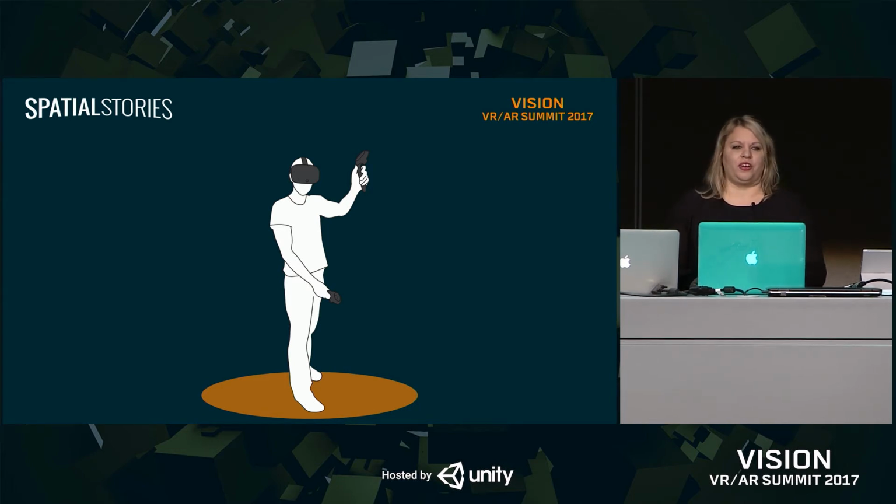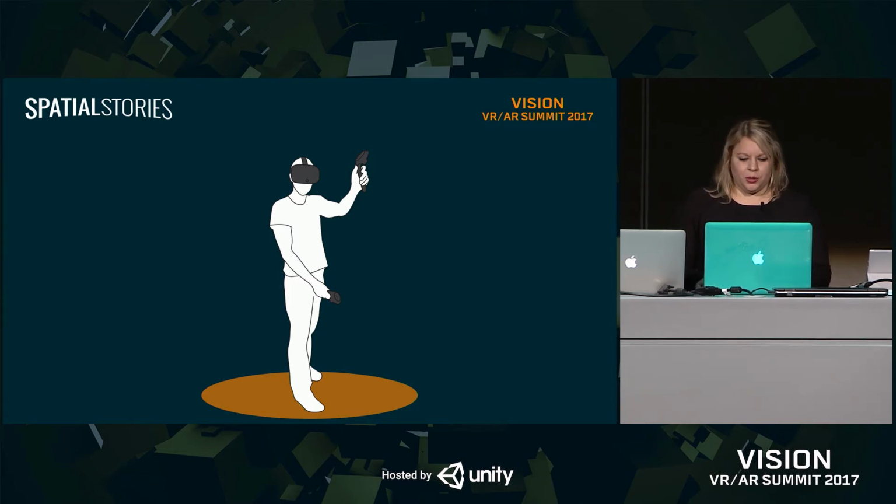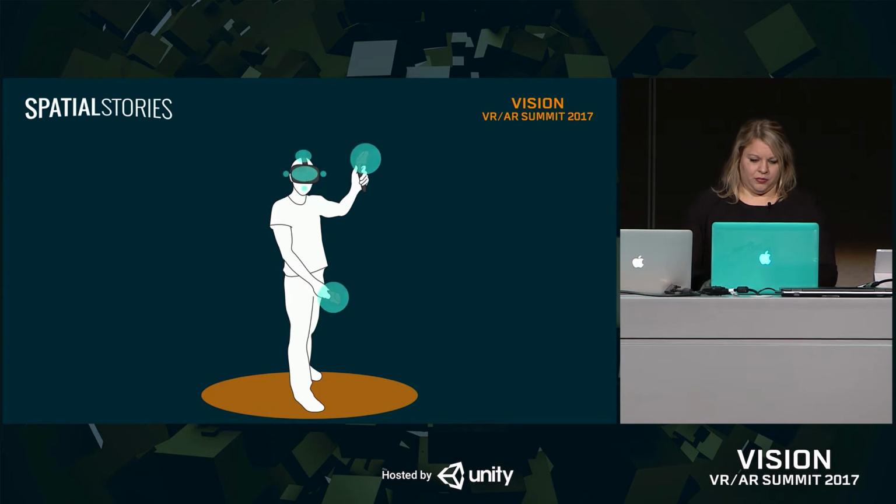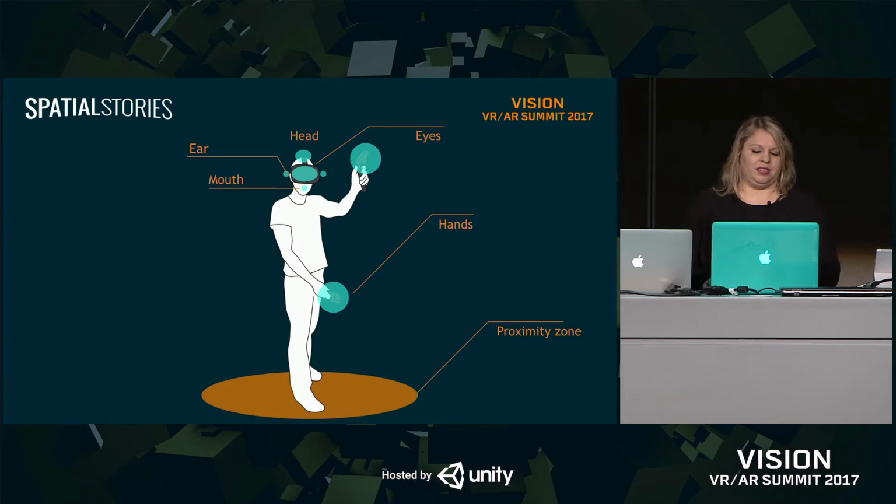And when you're working with VR and AR, the person that you need to fool is your user. So we're giving you a full camera rig, and you get access to all of the inputs that you might need to play around with your user: the head, the eyes, the hands, the ear, and the mouth. All of these zones are interactive zones.